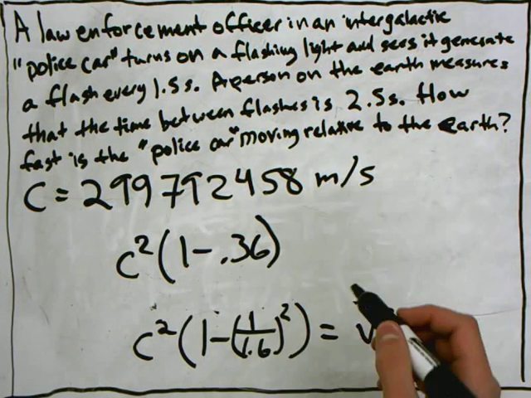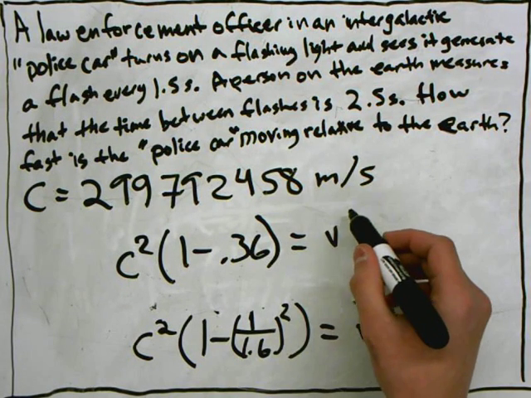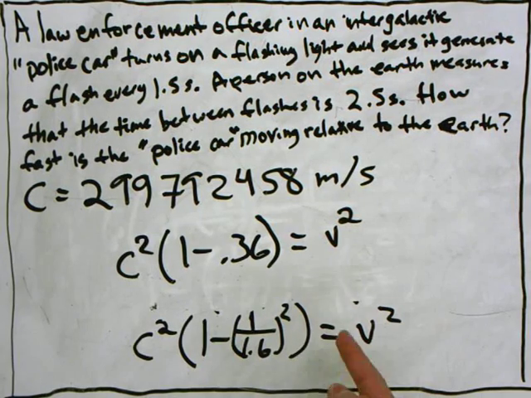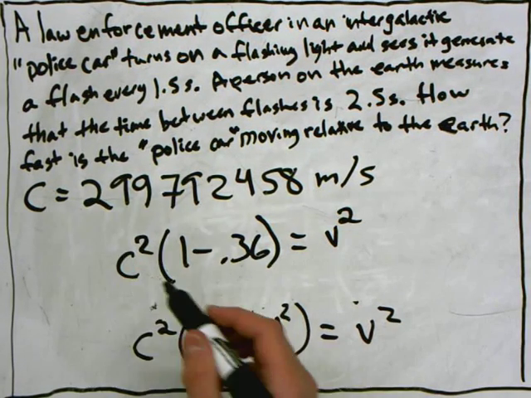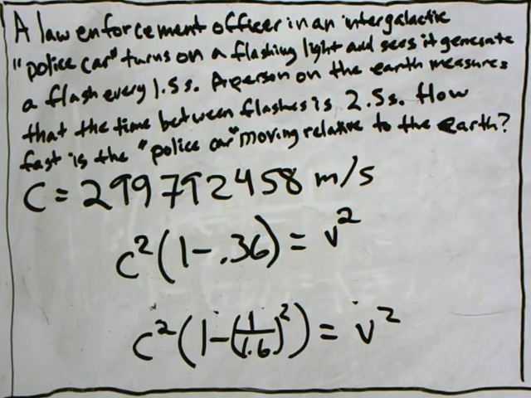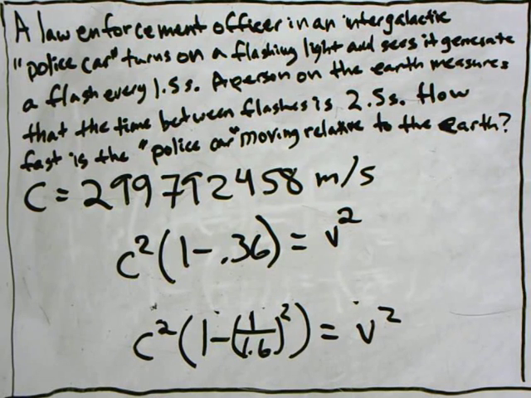Okay, and so we're getting 5.7552033144 times 10 to the 16th as the velocity squared.